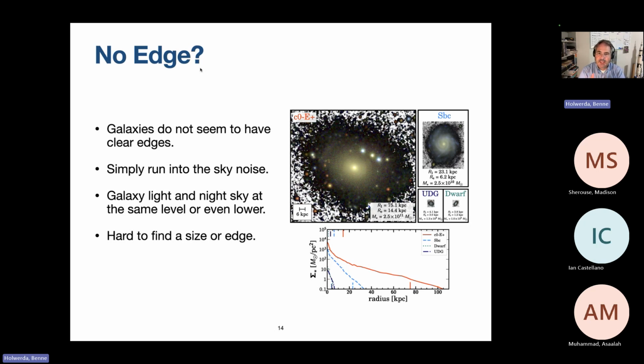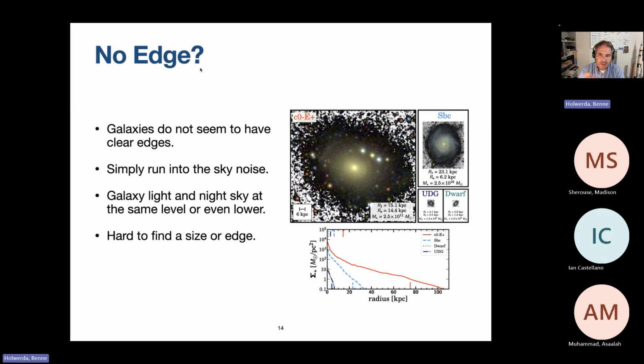But as you can see here, if you've got an E plus, so that's like a group or cluster central galaxy, like these massive ellipticals. And then we have an SBc, which is sort of a typical Milky Way size disk galaxy. Then we have these tiny ultra diffuse galaxies or dwarf galaxies. And so the effective radii of all of those are very different.